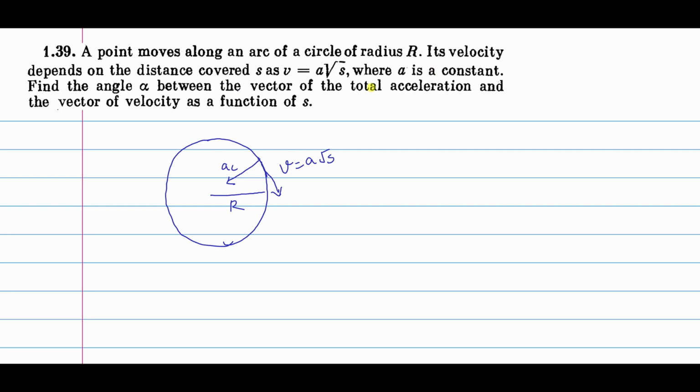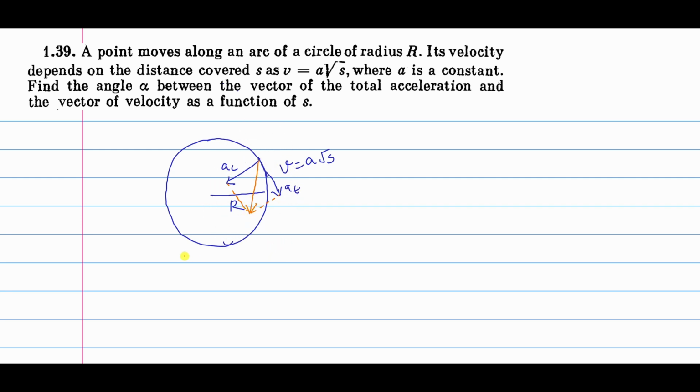Okay, what we need to find is the angle between the vector of the total acceleration. This is tangential acceleration, this is centripetal acceleration. So total acceleration will be the resultant of these two. If we draw a parallelogram, it will be something like this.